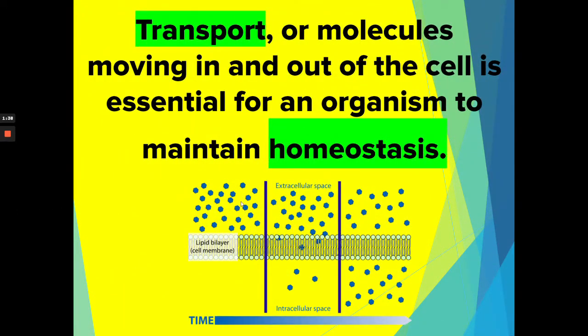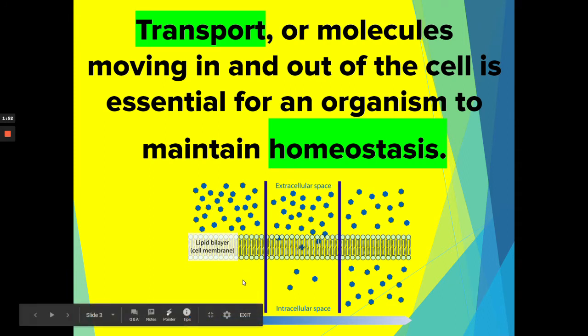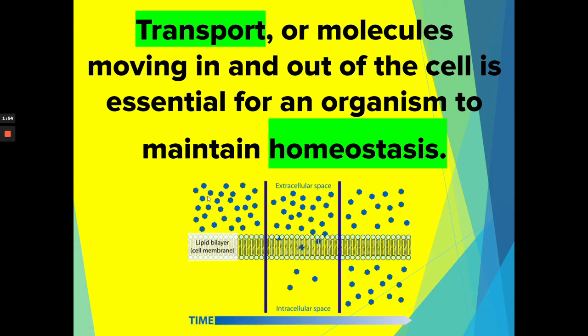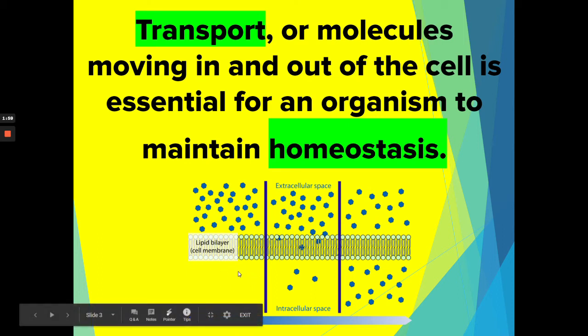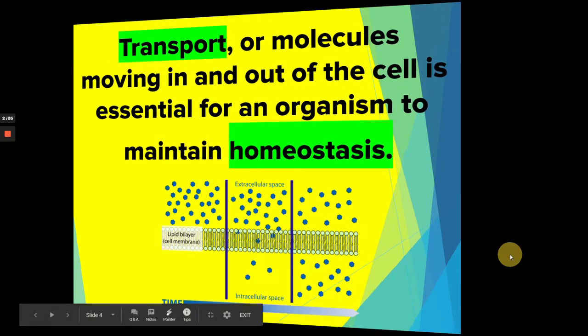What we see here at the beginning is what's called a concentration gradient. And what that means is that these little blue molecules, whatever they might be, are highly concentrated on one side compared to the other. So here we see this area is highly concentrated and this area is not highly concentrated.